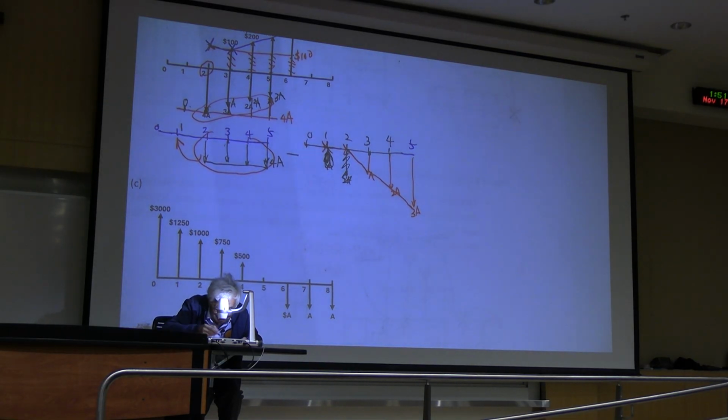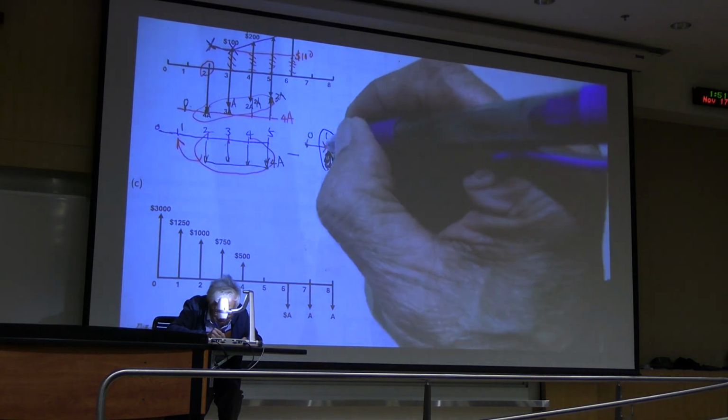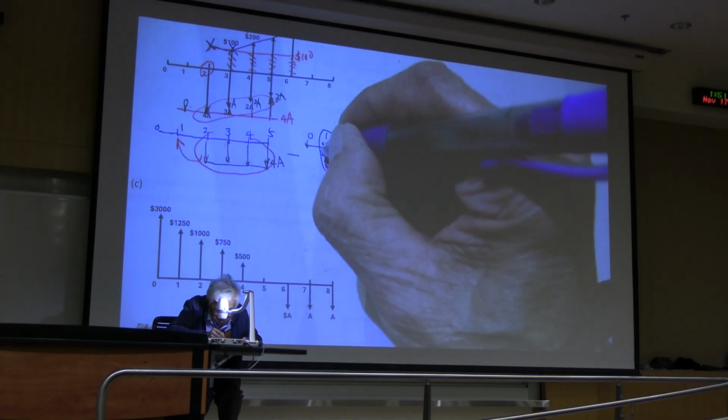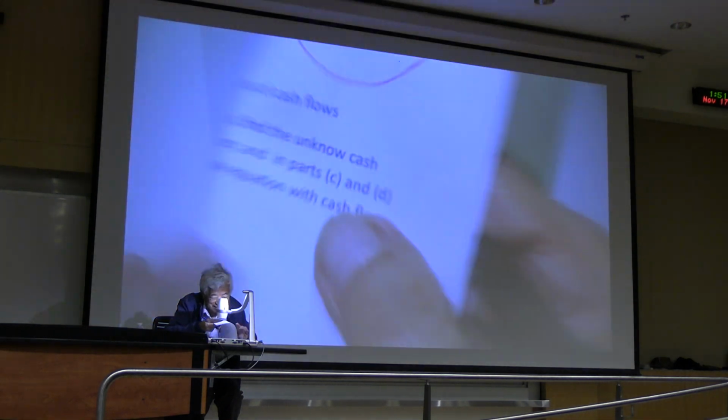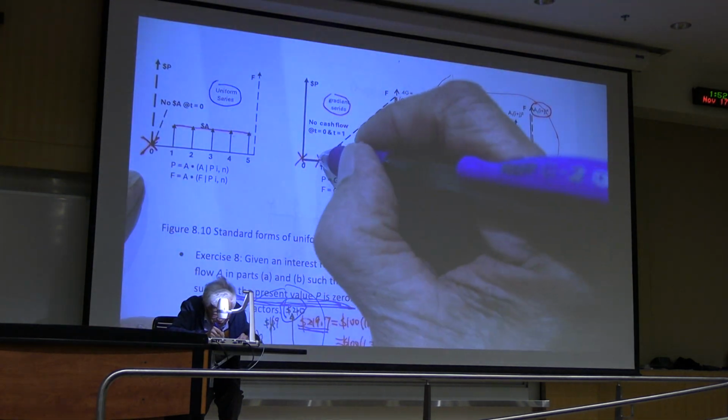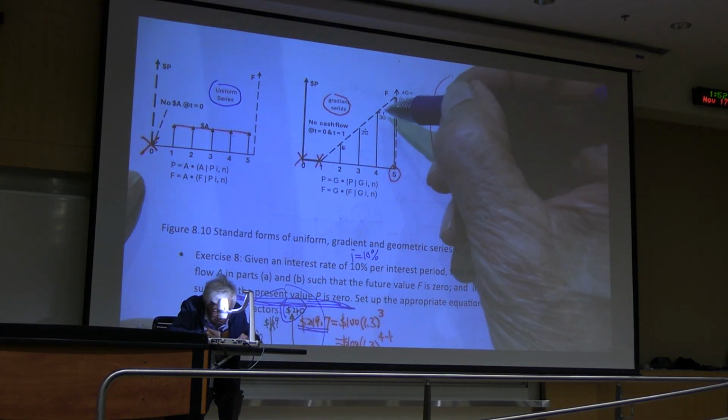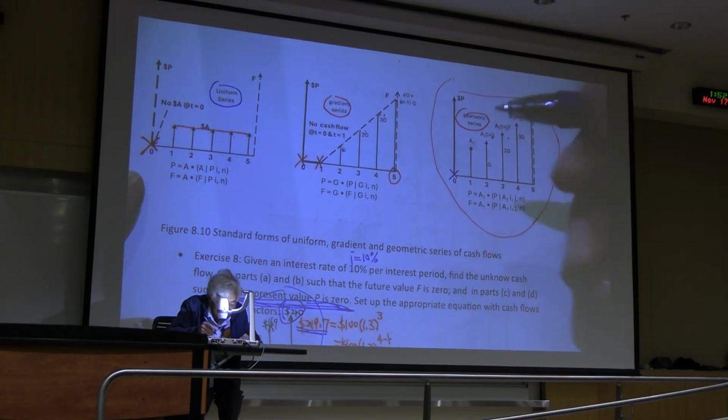The present time is at interest period 1, no cash flow. Right? Remember this? No cash flow. G, 2G, 3G, 4G.